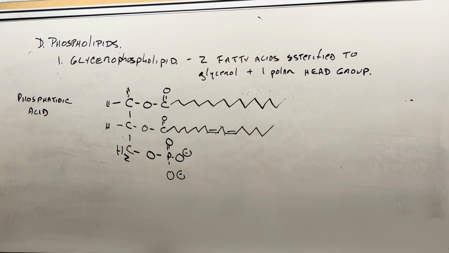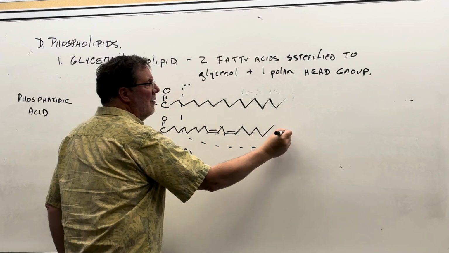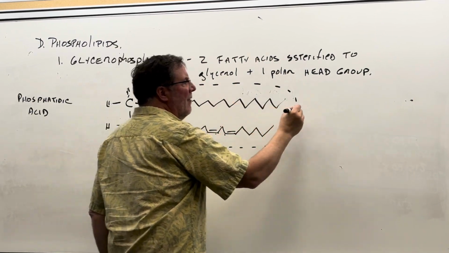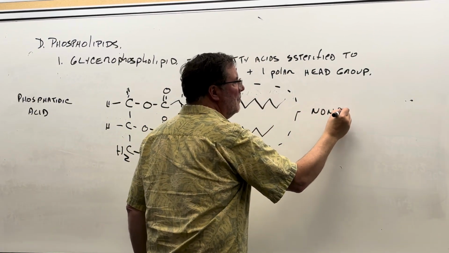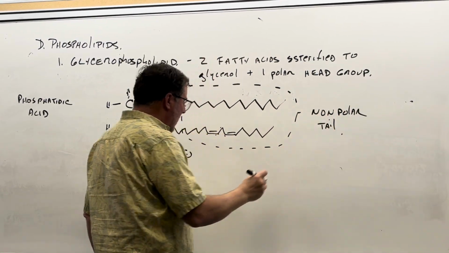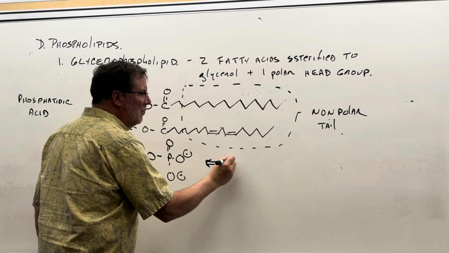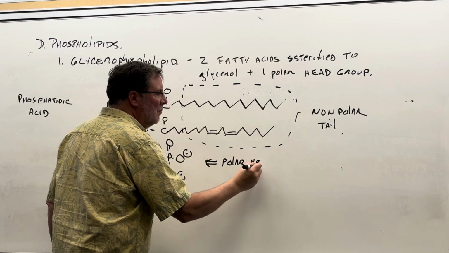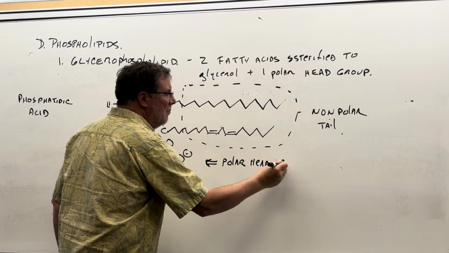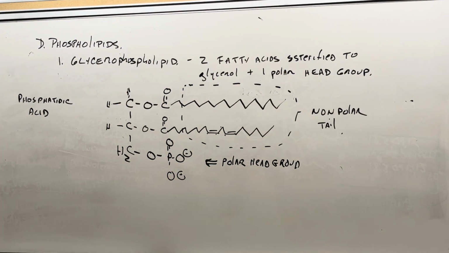So what we basically have in this area here is a nonpolar tail. Then up here, we have a polar head group. So that structure enables the formation of the phospholipid bilayer.